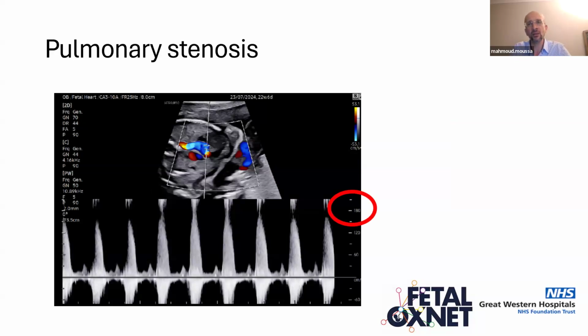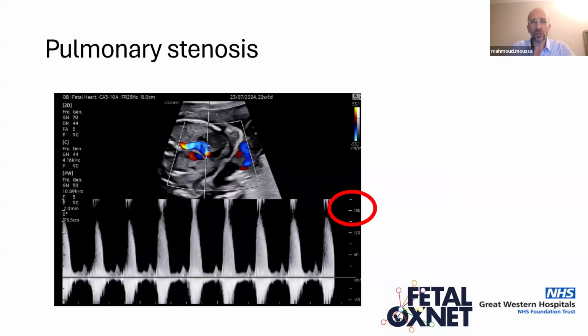As a rule of thumb, you would expect anything in the great vessels to be less than 1 meter per second throughout gestation. Later in pregnancy you might expect up to 2 meters per second in the bigger vessels, like the ductus arteriosus.